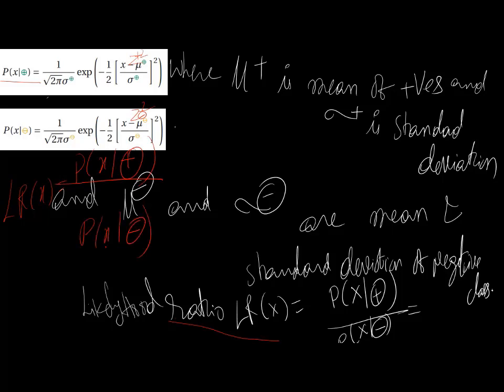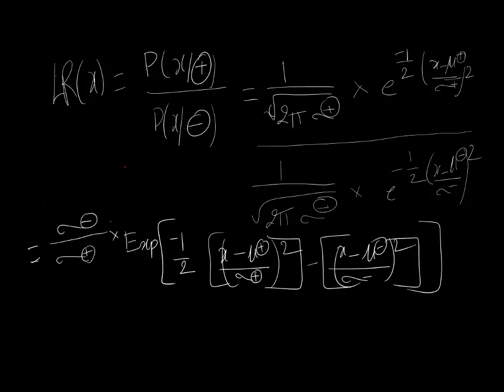So LR of x is equal to 1 by root of 2 pi rho positive into e power minus 1 by 2 ((x minus mu positive) by rho positive) whole square, divided by 1 by root of 2 pi rho negative, the standard deviation, into e power minus 1 by 2 ((x minus mu negative) by rho negative) whole square.